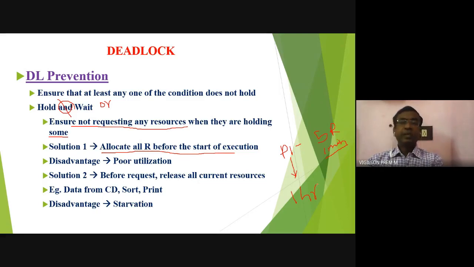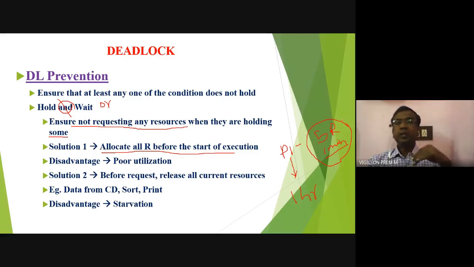Process execution time is 1 hour, but it requires each resource R1, R2, R3, R4, and R5 for just 1 minute. So these 5 resources will be released only after 1 hour. So total utilization is 5 minutes, non-utilization is 55 minutes.